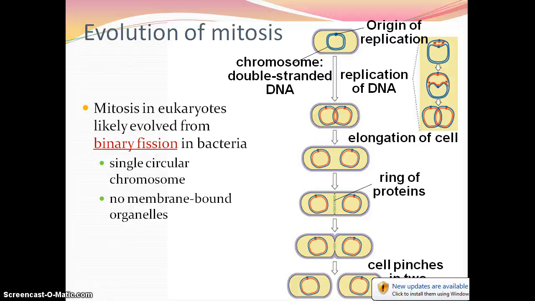So we have 1 of each going to each end of the cell. We get a ring of proteins forming in the middle of the cell, which is where we have that fission that's going to occur. And so there's a pinching that occurs between the 2 cells to separate them into 2 new daughter cells, each with a copy of the original bacterial DNA.